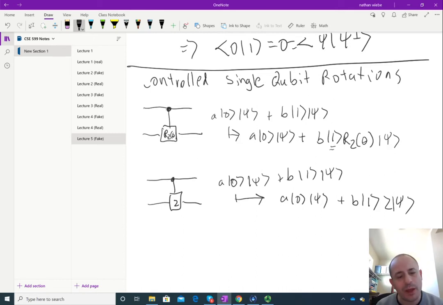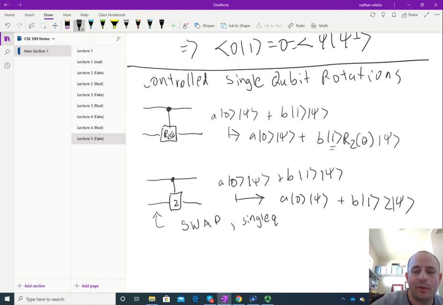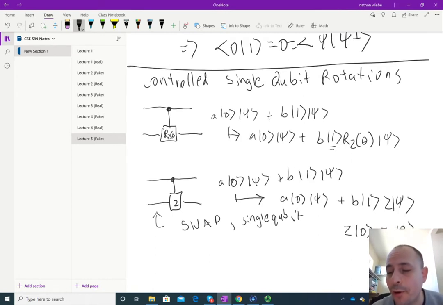But there's many ways that we could end up implementing this. Let's say that we didn't have the controlled Z gate. Let's say we only had a swap gate and single qubit gates as our gate set. Well, we could implement a controlled Z gate by using the fact that Z|0> equals |0>.